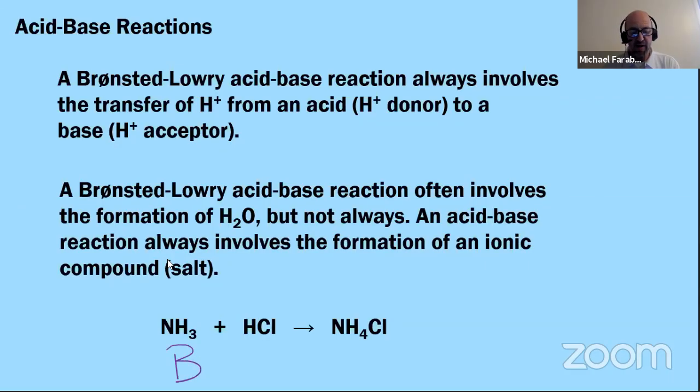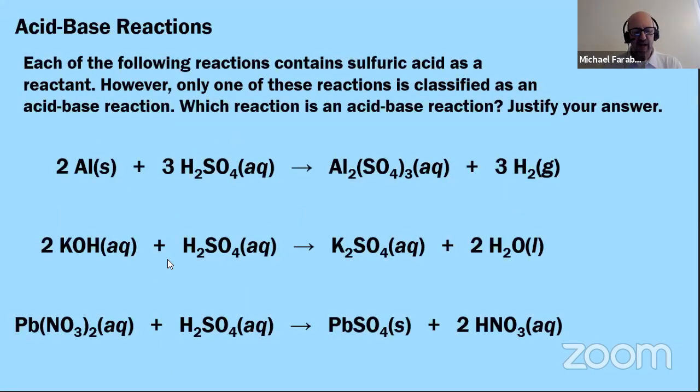This is ammonia. Here we have the acid. So when the proton is transferred from the acid to the base, we get ammonium chloride as our product. And that would be a salt or an ionic compound. So sometimes we produce water in an acid-base reaction if we have H plus and OH-, but not always. If there's no OH-, then you're not going to make water.